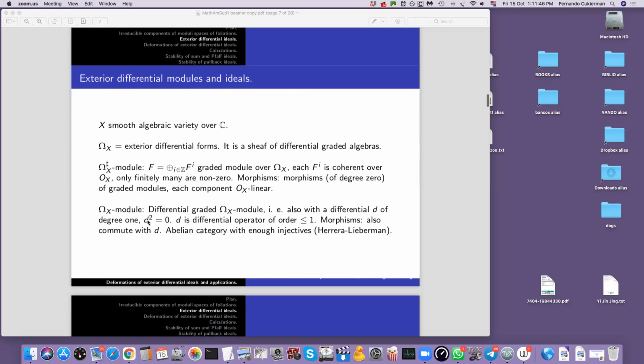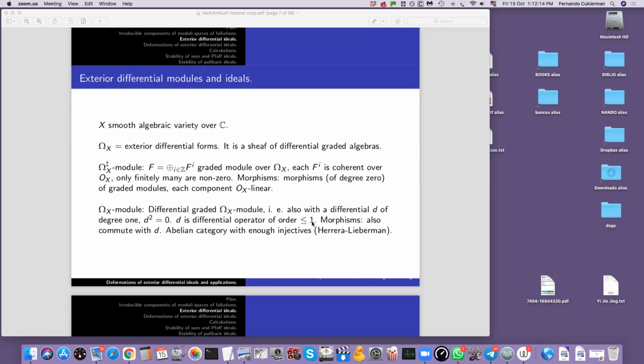This map d doesn't respect the O-module structure, but is only a map of vector spaces.